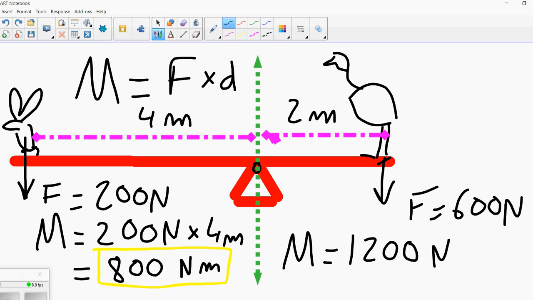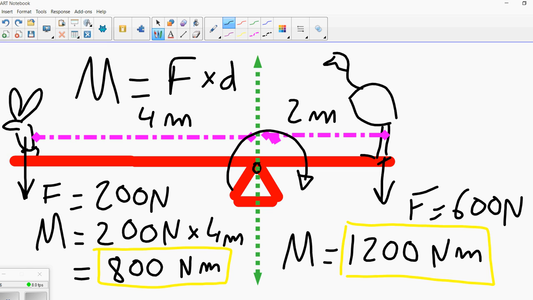Now, to know if it will balance, what we need to do is compare these two numbers. So if the one on the right is larger than the one on the left, then it's very easy. It is simply going to turn that way, clockwise. Okay, so this is how we would find out if the beam will balance or not.